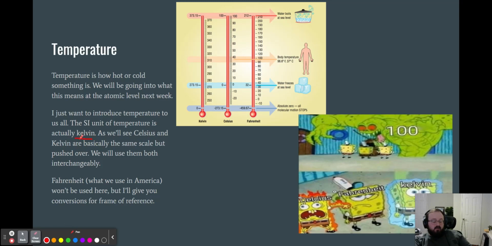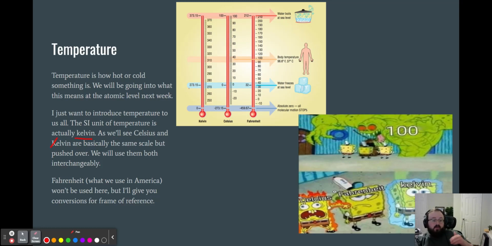I miss capitalize this. This should be a lowercase kelvin, I believe. They are on the same scale as Celsius. Kelvin and Celsius is the same thing, just pushed over by 273.15 degrees.